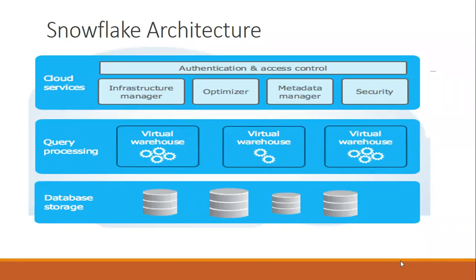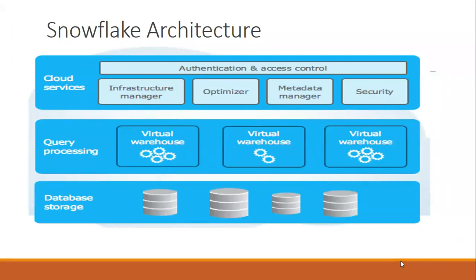So if any query is running in the virtual warehouse, how will it know which data to retrieve? Those instructions come from the cloud service, like in the human body, where the brain gives instructions to all parts of the body to perform operations.